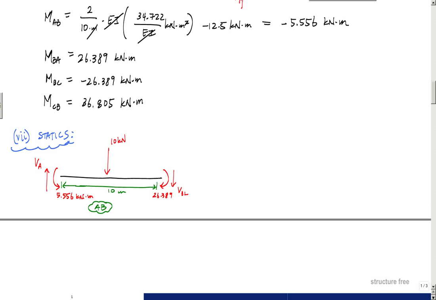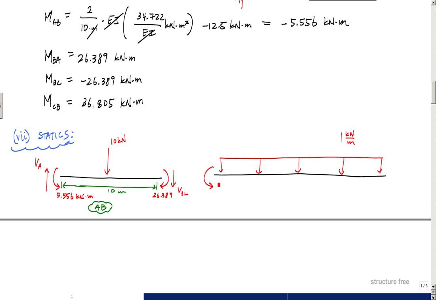All right. And here for member BC, which was much longer, I had a 1 kilonewton per meter load. And again, the end moments: MBC is negative, and initially we had drawn it clockwise, but now it's counterclockwise like this, of 26.389 kilonewton meters.